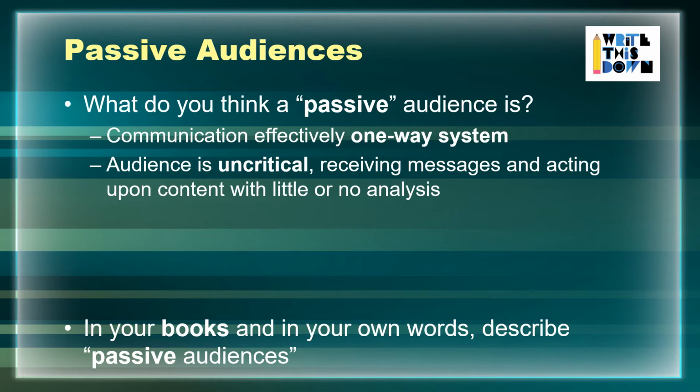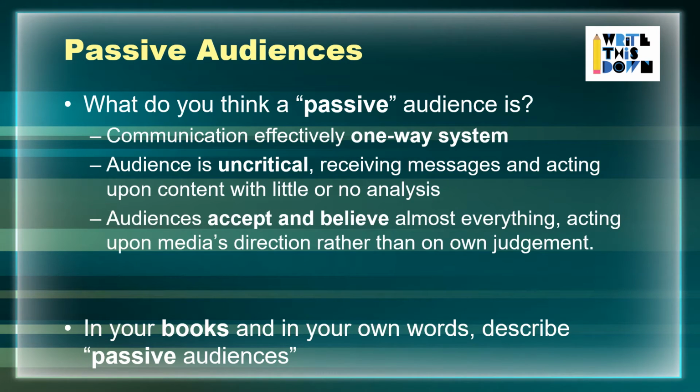Now, you can see that this theory gives the media a tremendous amount of power. If audiences accept and believe almost everything they see or read, then they're going to act upon the media's judgment and direction rather than their own. And that becomes quite dangerous if the media communicates ideas which lead people to believe the world is a certain way.